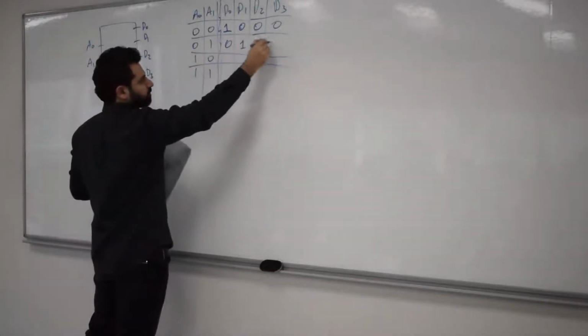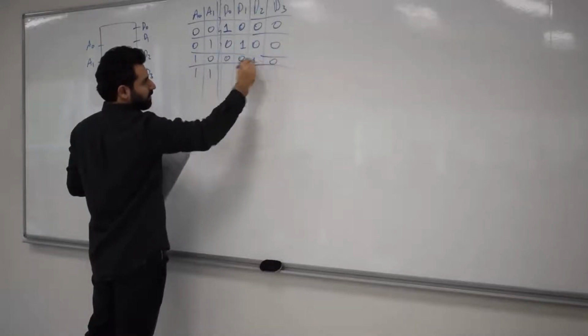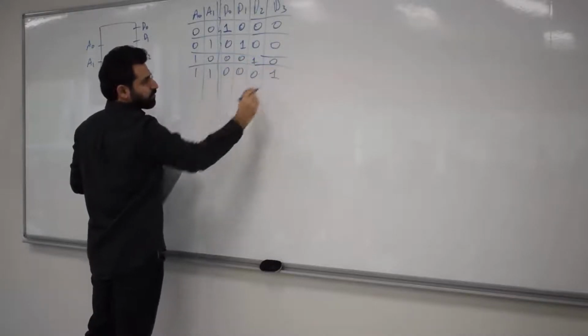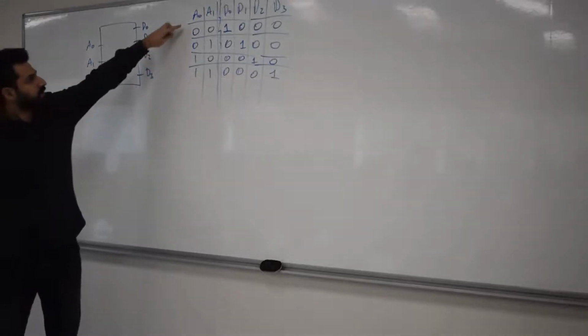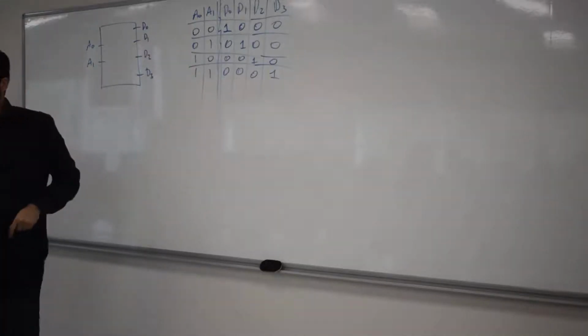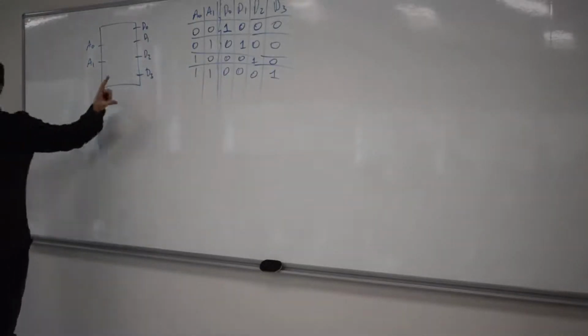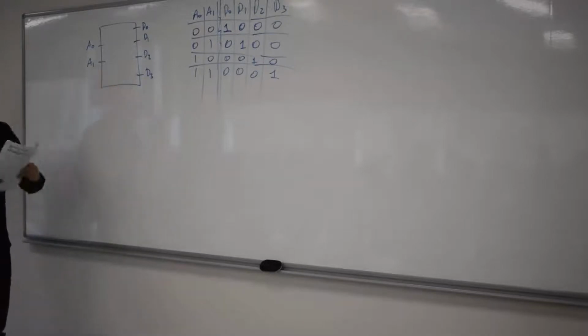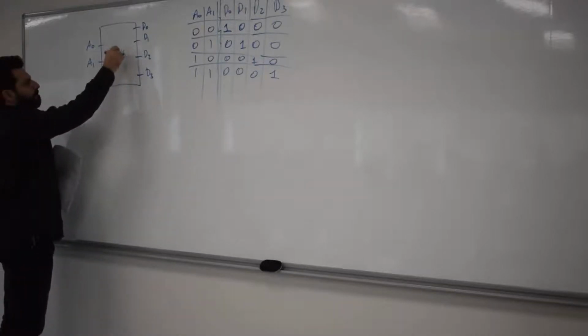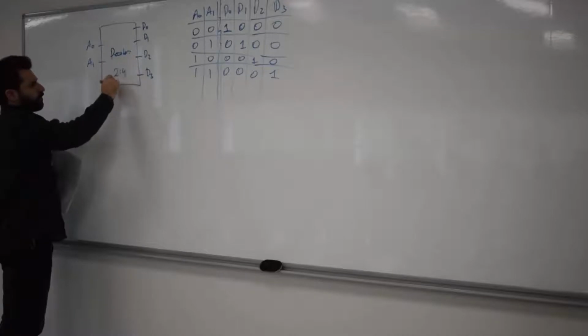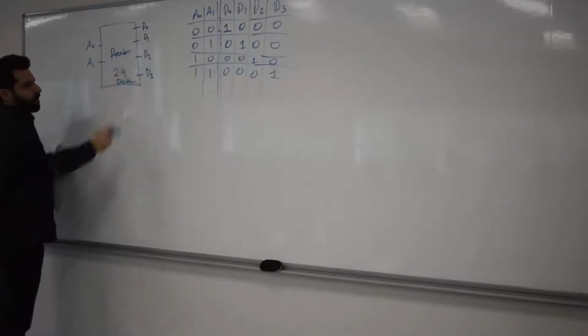And similarly, D2 and D3 would be 1 corresponding to these input sequences. Remember now, the decoder is the exact reverse of the encoder. It's a 2x4 decoder.